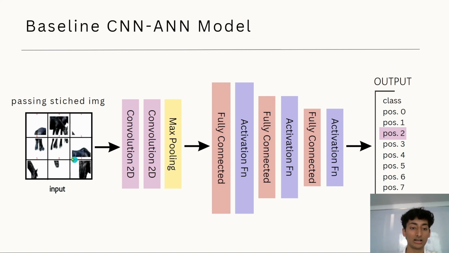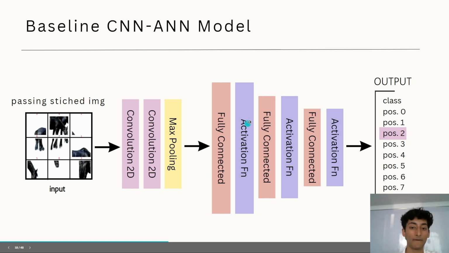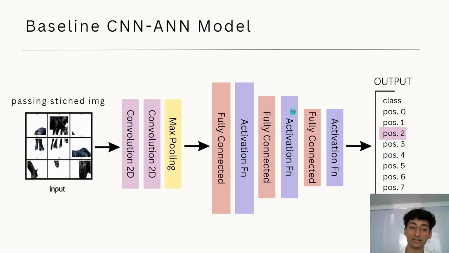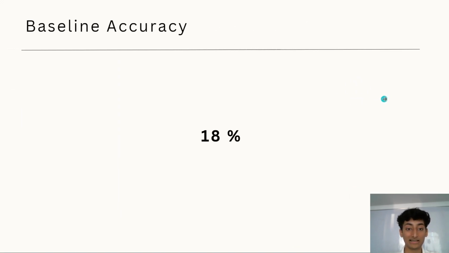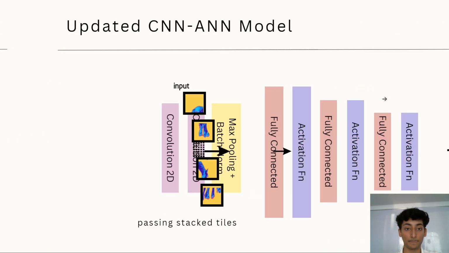Also, just using convolutions and just using a basic 3-4 layer ANN is not enough for doing classification, because the model hasn't been able to learn the internal representation, nor does the model have knowledge of the label or the class of the shuffled image. So the baseline accuracy is 18.